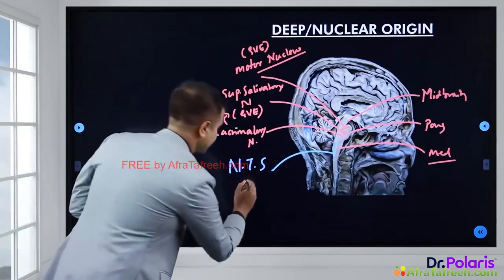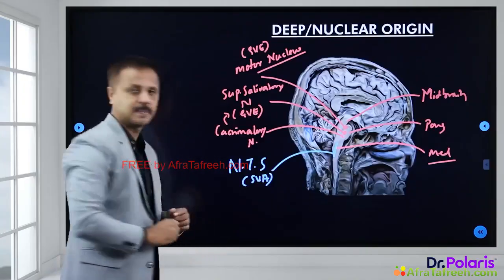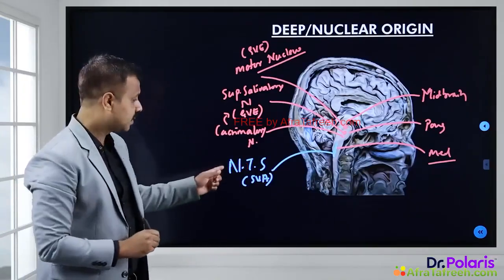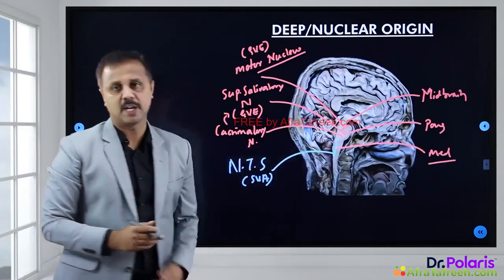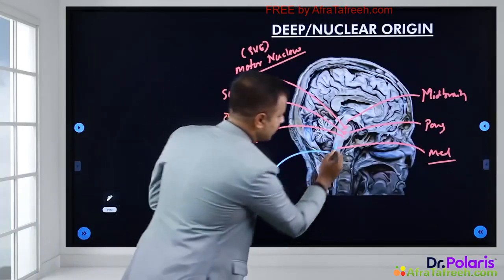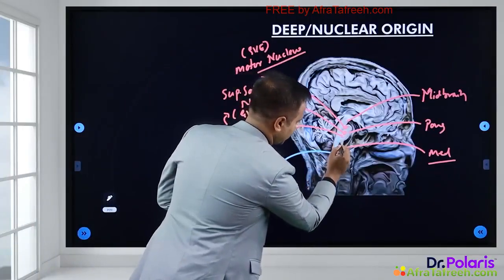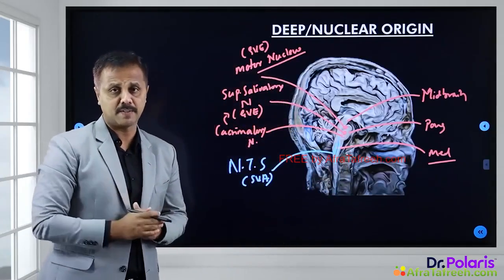So what fibers are present in it? Special visceral afferent fibers. Remember, nucleus tractus solitarius is an afferent nucleus which is present in the medulla oblongata. Then what? One more important sensory nucleus, referred to as the spinal nucleus of trigeminal nerve.